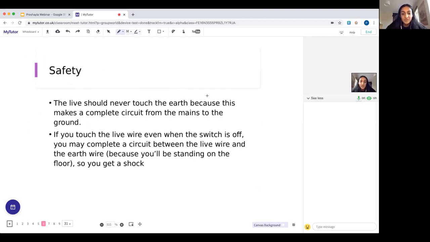Also, if you touch the live wire, even when the switch is off, so even when on your socket panel your switch is off, you might still complete the circuit between the live wire and earth wire, and you'll get an electric shock. So the moral of the story is the live wire and the earth wire should never touch. The reason is that it makes a complete circuit from the mains to the ground, and there is then a risk of potential shock. So live wire doesn't touch earth wire.